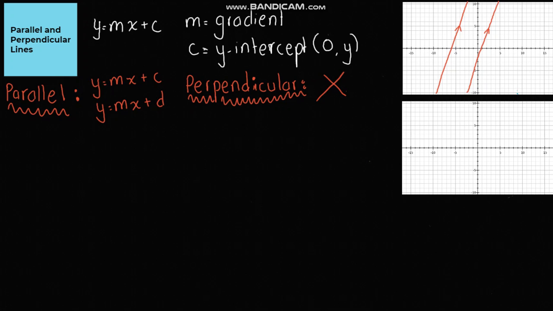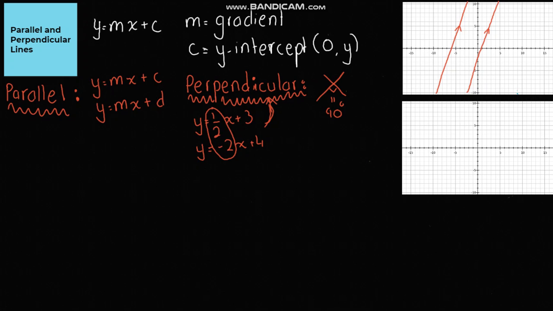In order for that to happen, their gradients must multiply to get -1. For example, if there are two equations, y is equal to 1 over 2x plus 3, and y is equal to -2x plus 4, these two gradients, when multiplied, give -1, so therefore they are perpendicular.